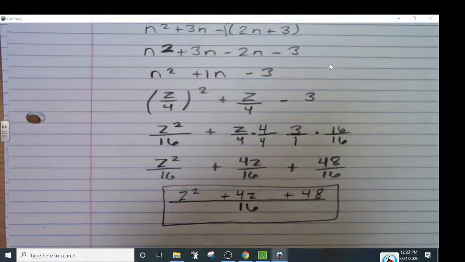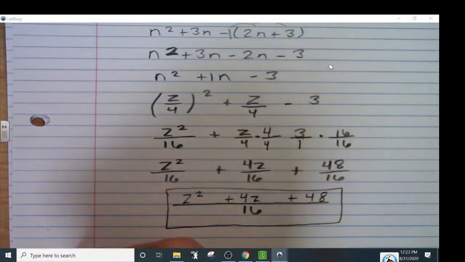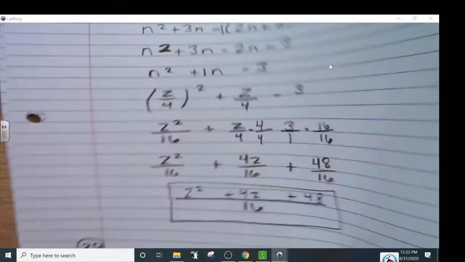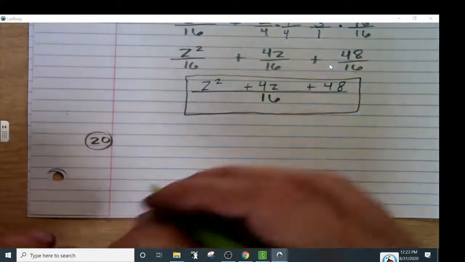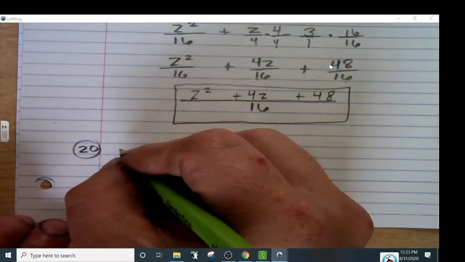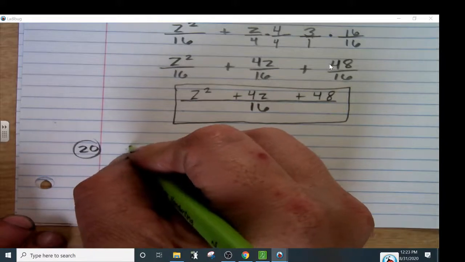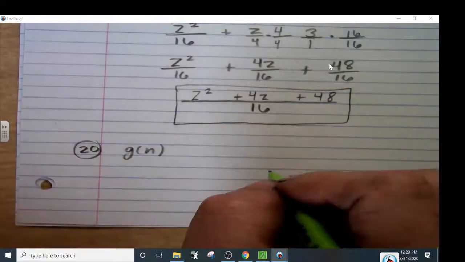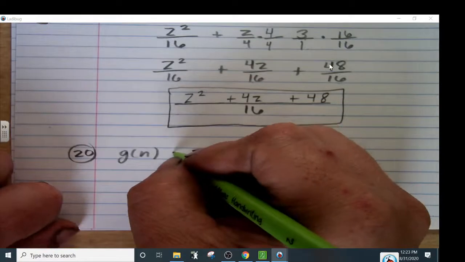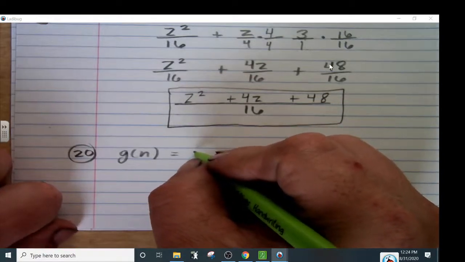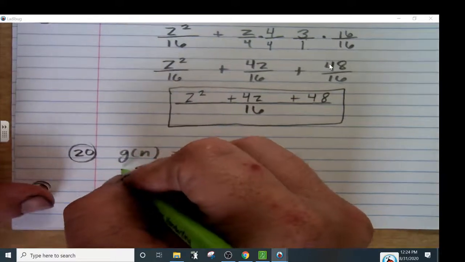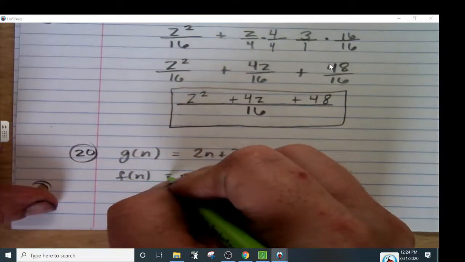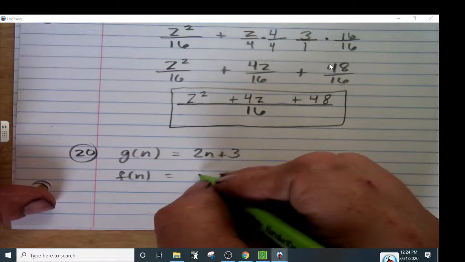Okay, so now, guys, this is number 20 on the paper. I want to show you this because you're actually inputting a number. So it's G of n equals 2n plus 3, f of n equals n minus 4.